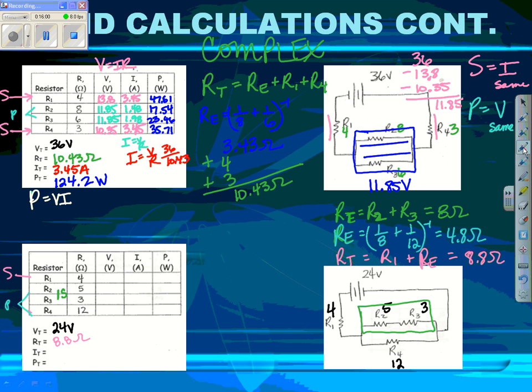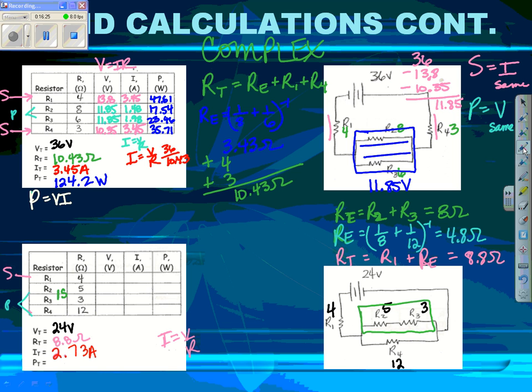Now I can use I equals V over R. And when I do that, I'm going to say that I have 24 divided by 8.8, which is going to give me 2.73 amps.